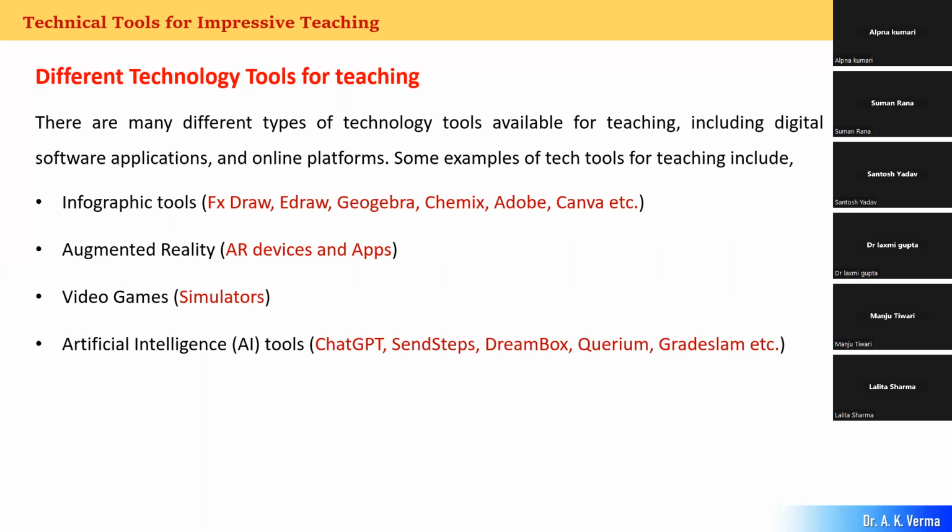Like what you have seen in ChatGPT, where you gave some query, you get the answer. You asked to create some question paper. You ask ChatGPT to summarize something. That is one way of using artificial intelligence. But we have other tools like Quarium and Great Slam. They are different. Actually, they are used to assess the students' performance in the class.